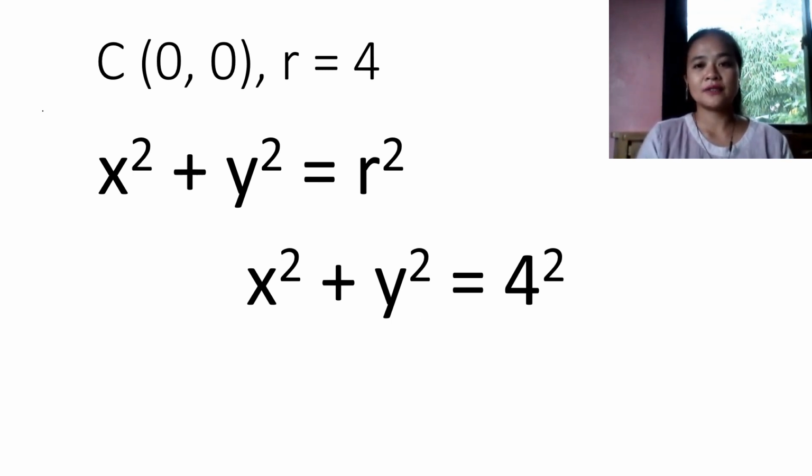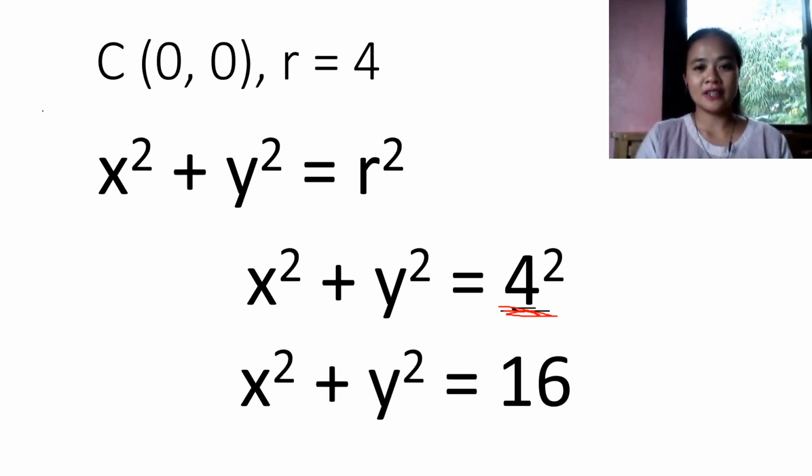So we simply change the r, which is 4, so 4 is squared. The result is x squared plus y squared is equal to 16. We simplify our r squared to get 16, since 4 squared is equal to 16.